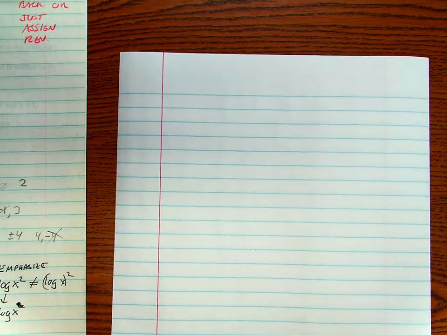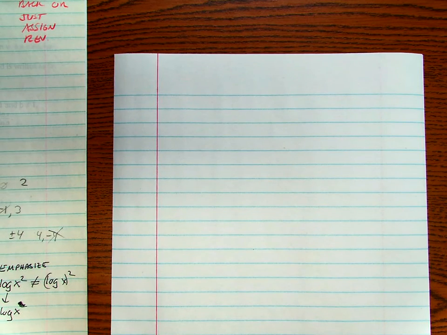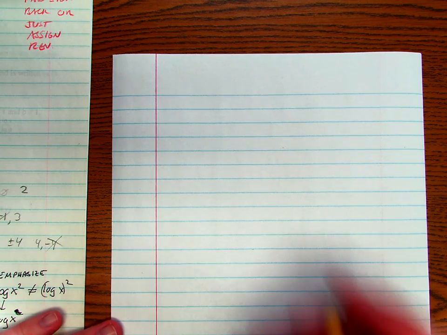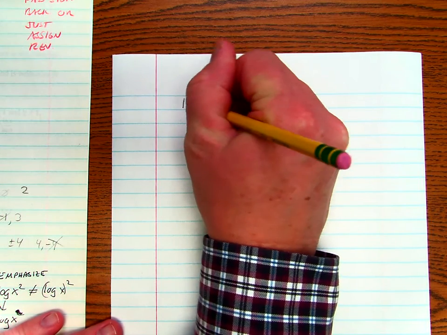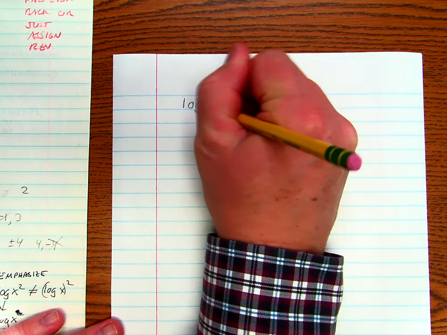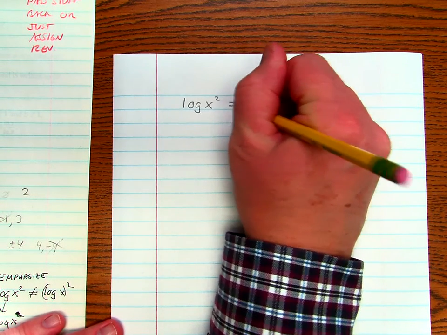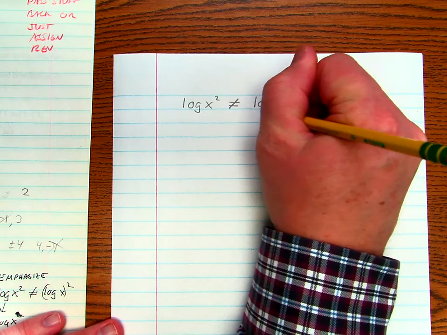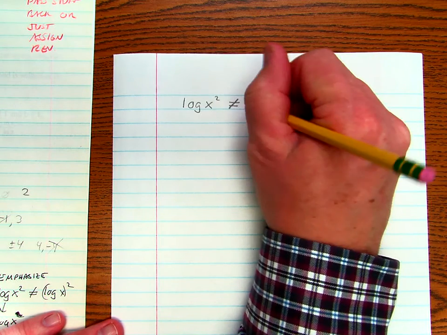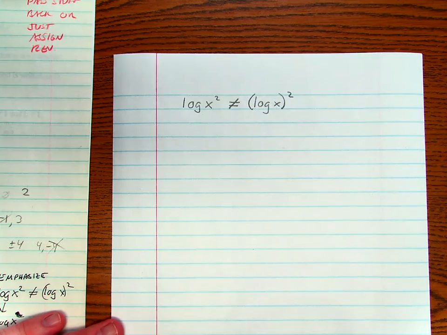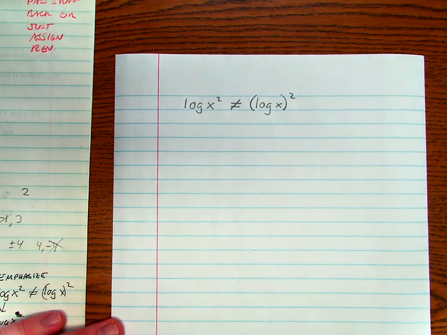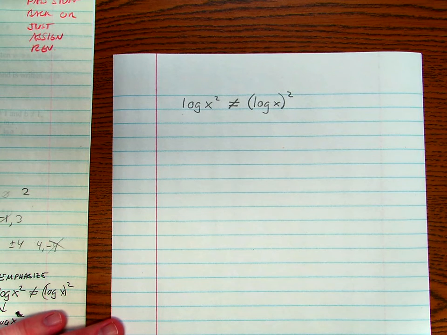We have 2 more examples that need to be covered in this video. Before we get into them, we need to make an emphasis in terms of algebraic structure. This and this represent 2 different things.